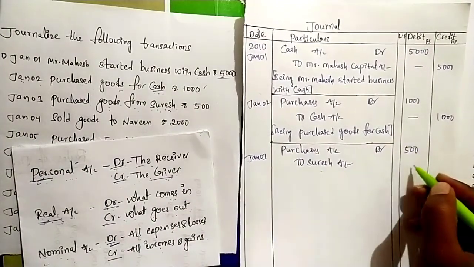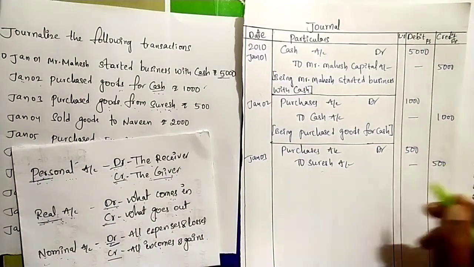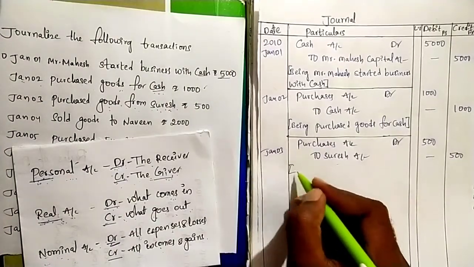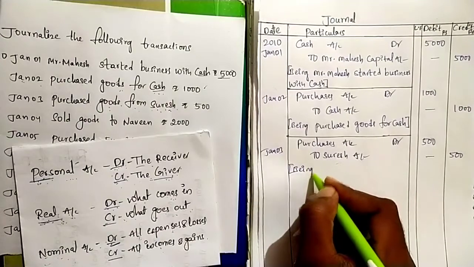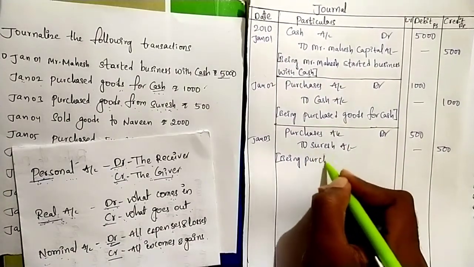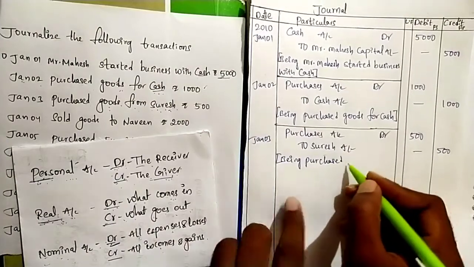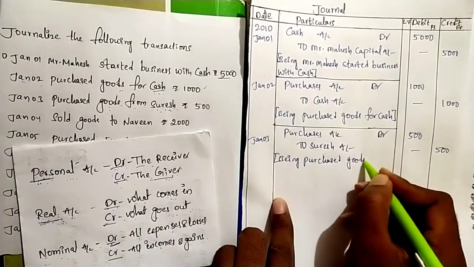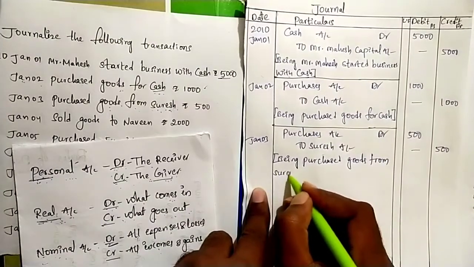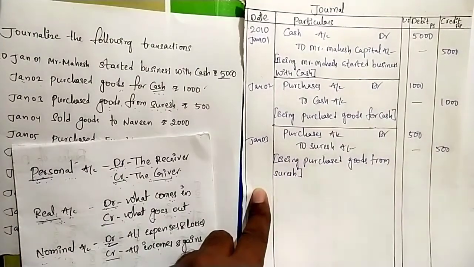Same, Suresh account is credited with 500 rupees. See this, we have to give some narration. So being purchased goods from Suresh. That's it.